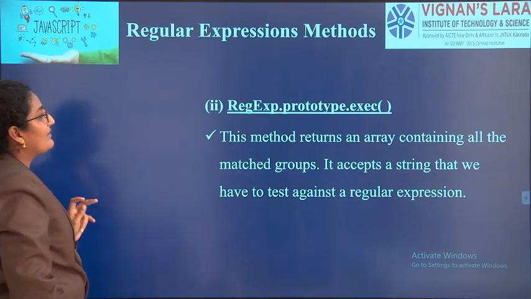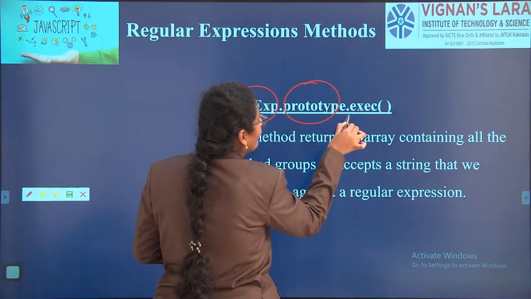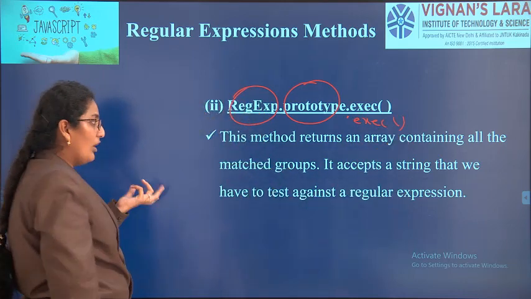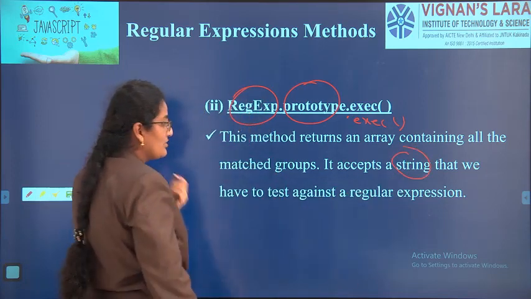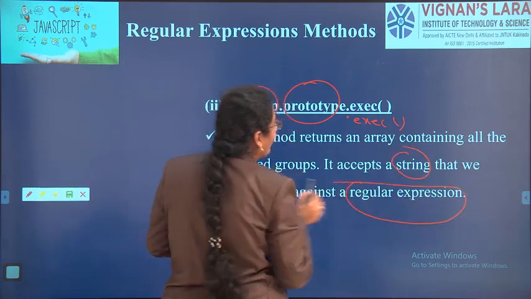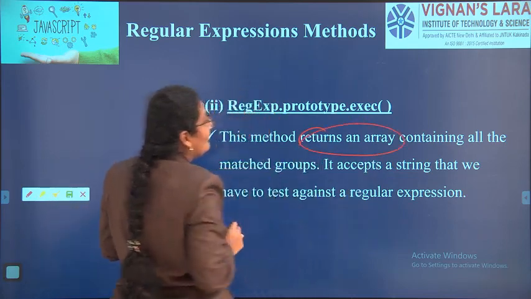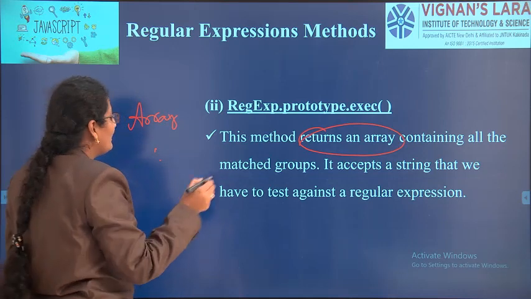So what is the second method for testing regular expressions? RegExp.prototype.exec is the second method. What will it do? It also will take a string and test it against the regular expression, but it will return an array. What will this array contain?